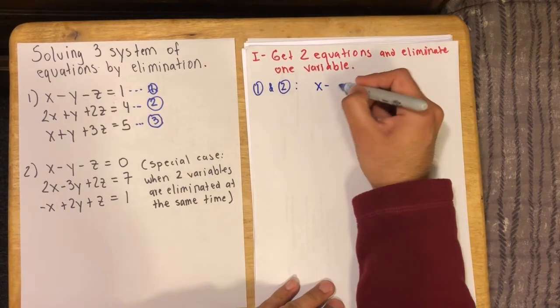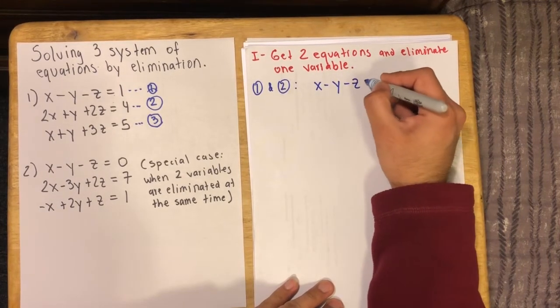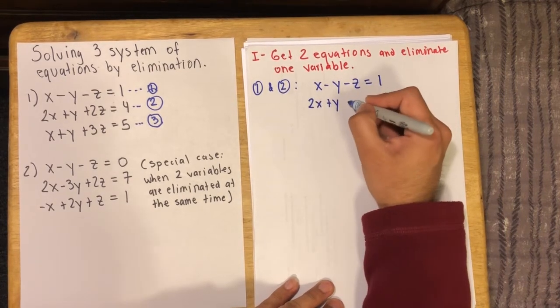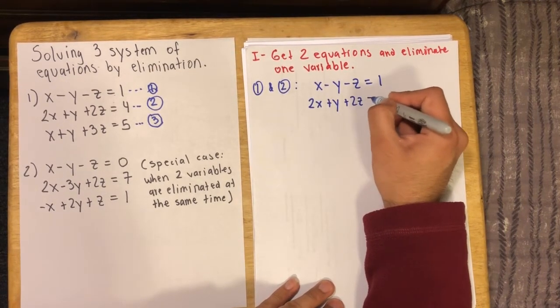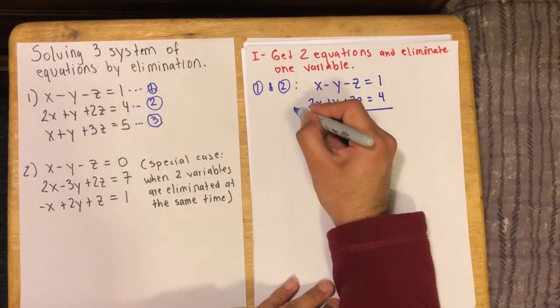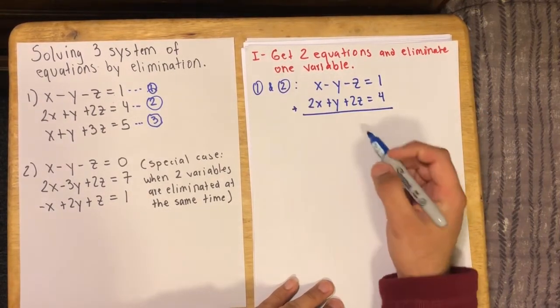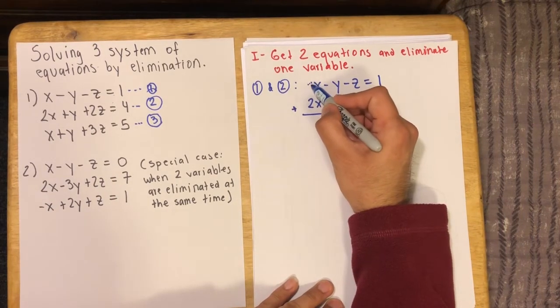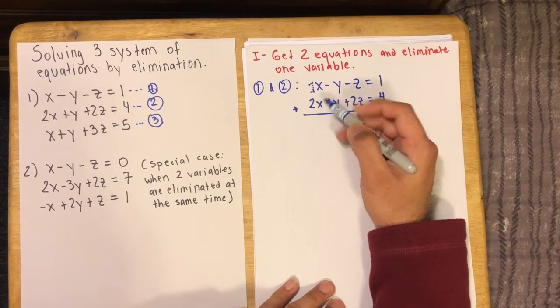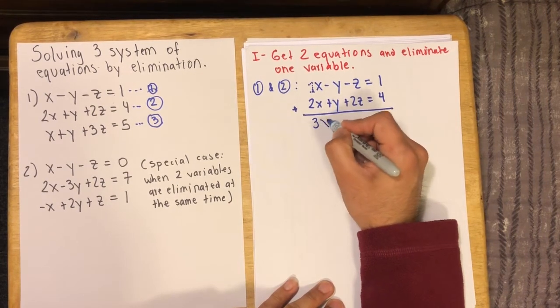So let me pick equation 1 and equation 2. Equation 1 is as follows, and then I have 2x plus y plus 2z equals 4. Let me combine those, meaning I'm going to add them together. 1x plus 2x gives me 3x.